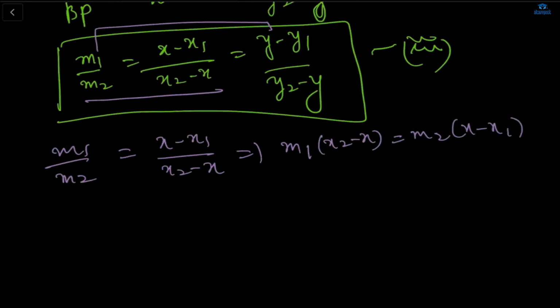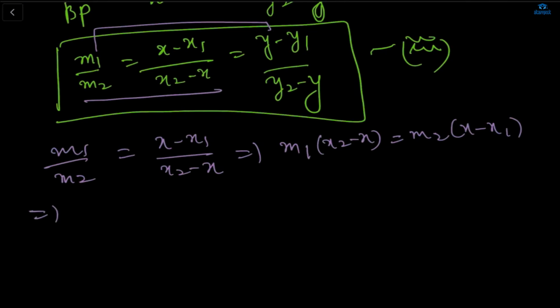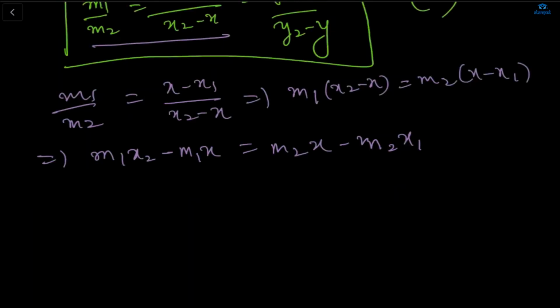So we get M1X2 minus M1X, which will be equal to M2X minus M2X1. We'll take the X terms on one side.